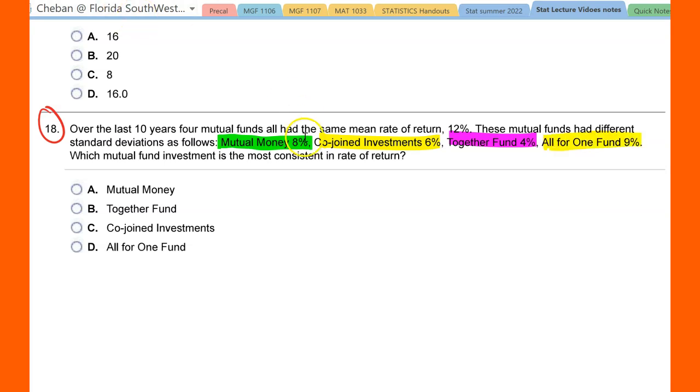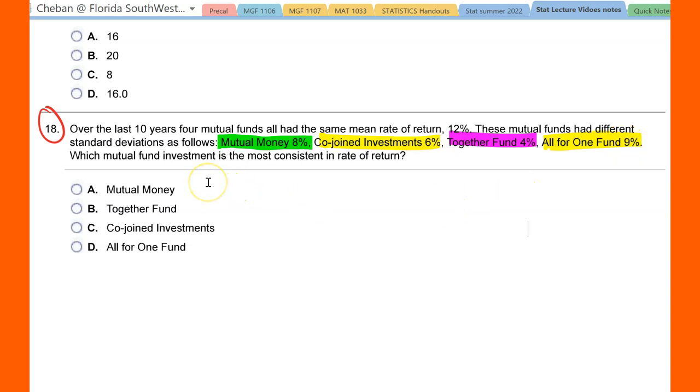Among these 4 funds, all have the same mean rate of return, but they have different standard deviations. Mutual Money has 8% standard deviation. Co-Joint Investment has 6%. Together Fund has 4%. All for One Fund has 9%.